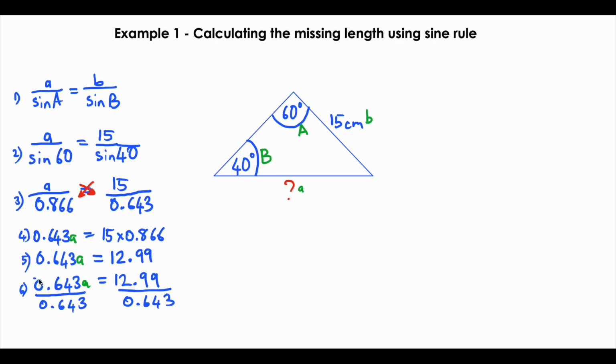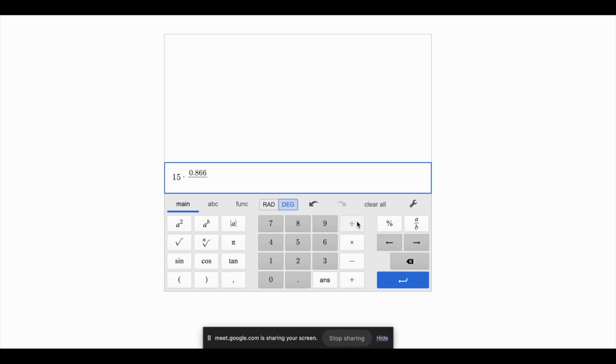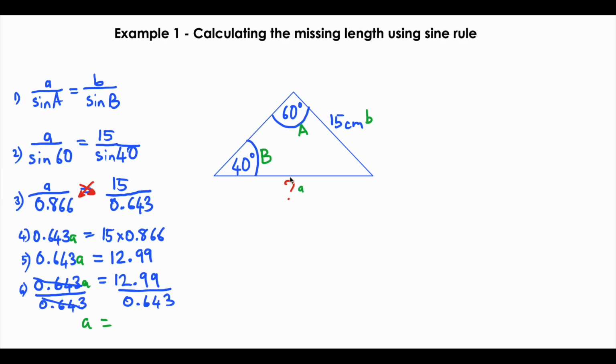When this cancels out, I'll be left with A, which is equal to 12.99 divided by 0.643, which gives us 20.20. So it's almost like 2020. 20.20, and then I'll put here centimeters.